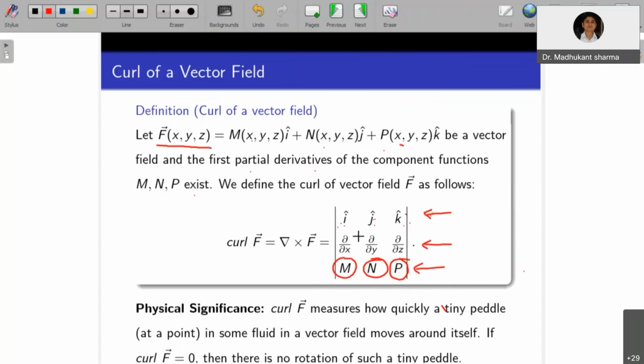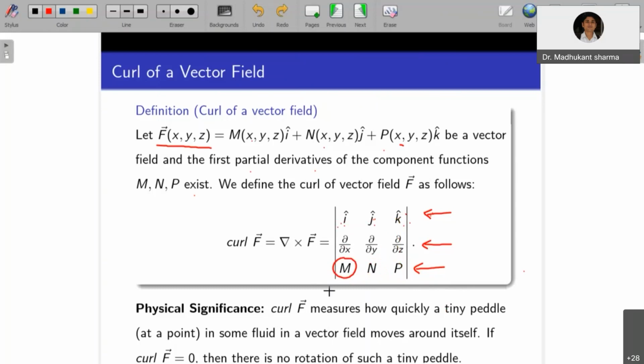You know how to evaluate this determinant, so it need not be repeated. What I can comment here is that you can find the k component, which is dou n by dou x minus dou m by dou y, what we just learned in the circulation density case. So this is how the curl of a vector field is defined.